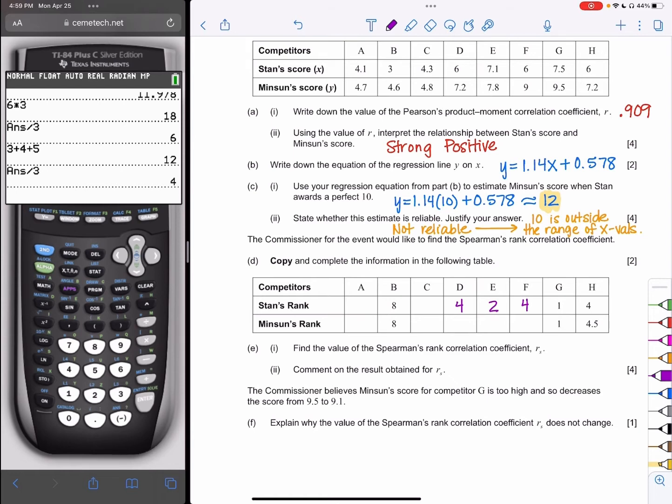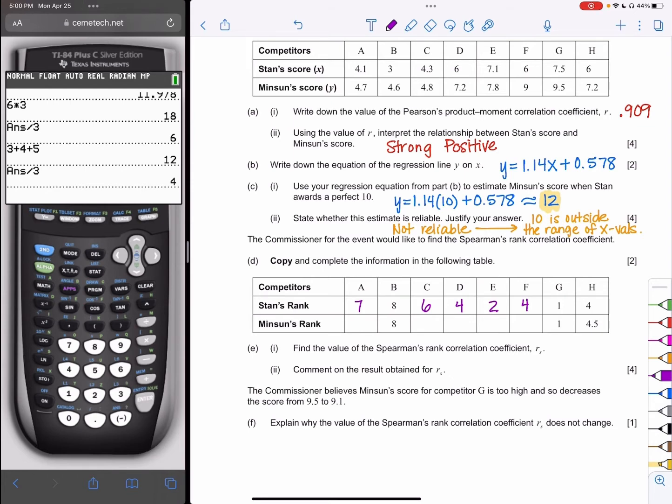You only found the average of them because you couldn't tell which one came first. So I can't use 3, 4, or 5 to rank them, so I have to go to the next number, which is 6 here. And then for A, that's the next one, so that one is going to be 7. And of course, the 3 would be the 8.